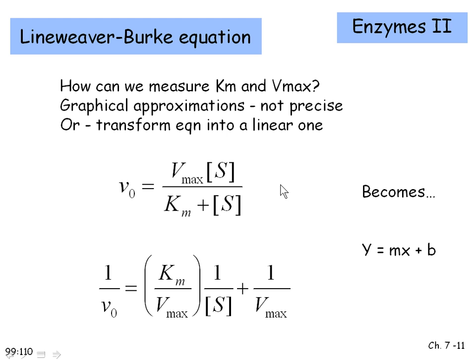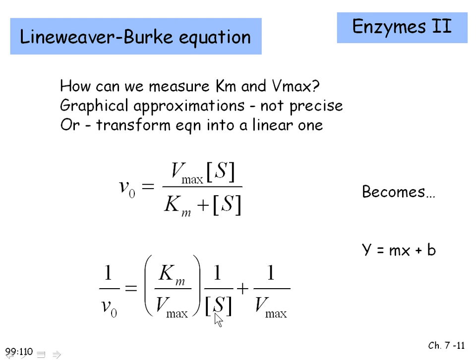If we were to rearrange this, we discover that we can rearrange it into this form. So 1 over the velocity is going to be equal to this number, Km over Vmax, times 1 over the substrate, plus a constant term, 1 over Vmax. So 1 over Vmax is a constant.